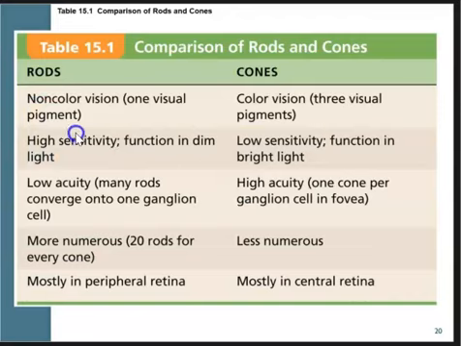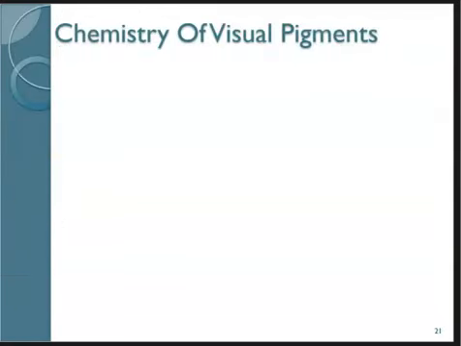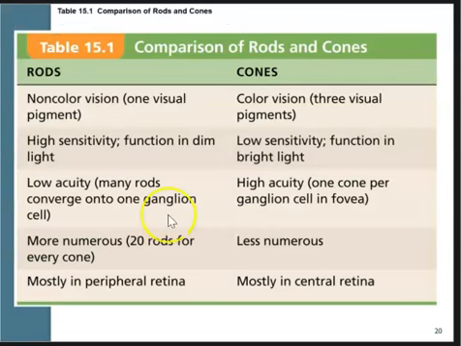Low acuity for the rods because we have multiple rods that will converge to one ganglion cell, whereas cones, it's 1-to-1. So one cone will communicate with one bipolar cell, which in turn will communicate with one ganglion cell. So each ganglion cell will only receive information from one cone.